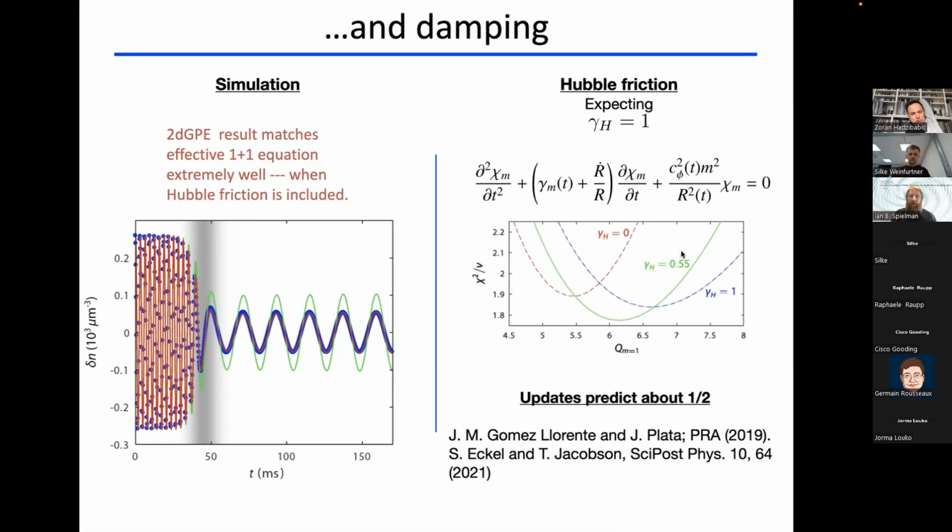And the actual number has to do with the inverse sum of trap frequencies. And this value of 0.55 is quite close to the value of 0.5 you might expect for a system that's harmonically confined both vertically and along the ring direction. All right, so we're going to have a look then experimentally in this talk at a much more careful determination of this Hubble friction coefficient.